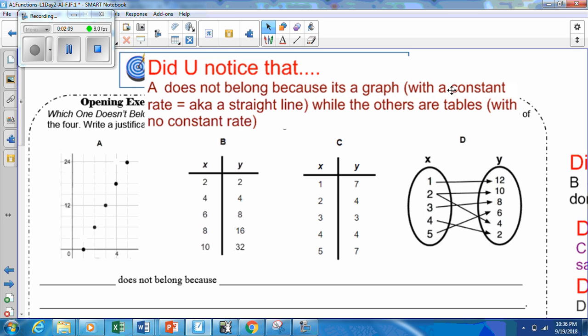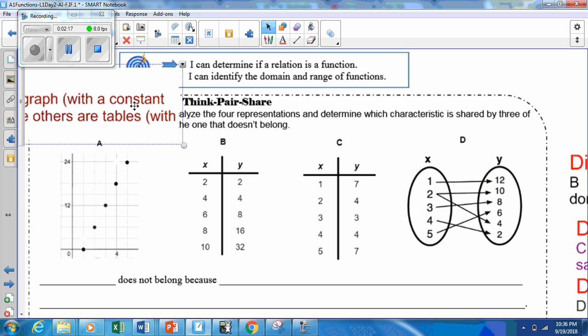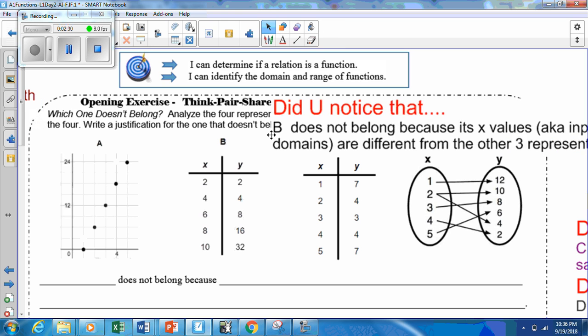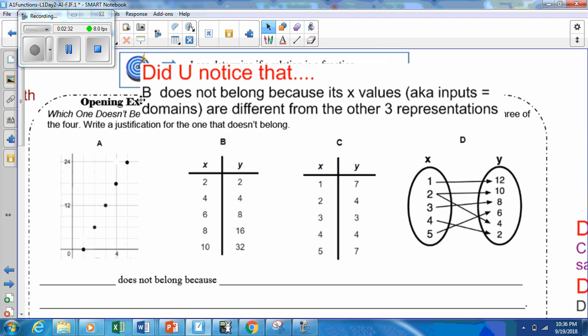All right, get this out of the way. What else? Well, for B, what did you notice about B? Oh, you guessed it. B doesn't belong because its x values, or its domain, is different from all the other ones.